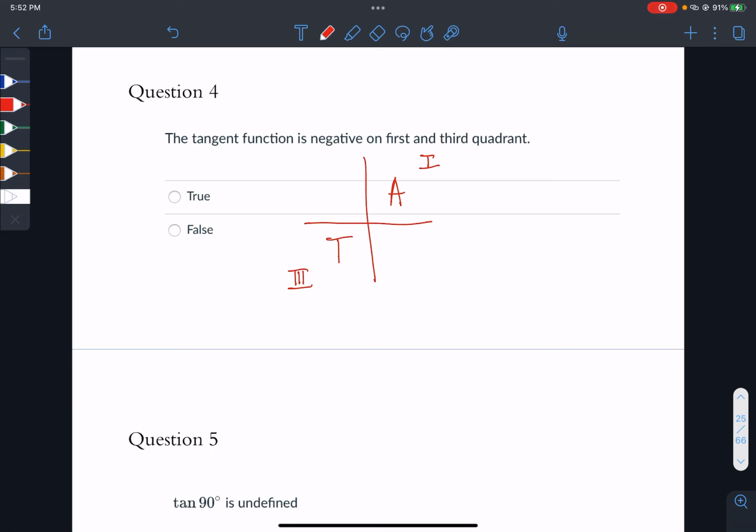No. It is positive in the first and third, and negative in the second and fourth. So this one is false. It should be: the tangent function is positive on the first and third quadrant.